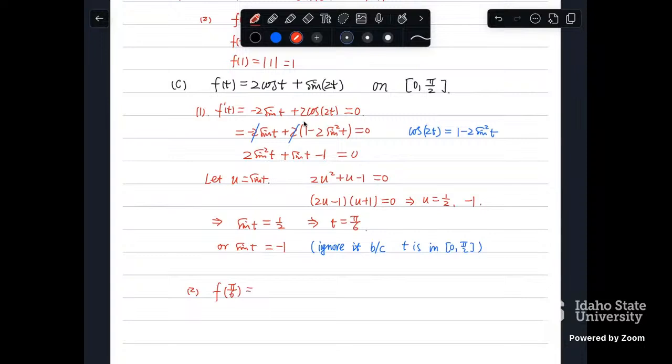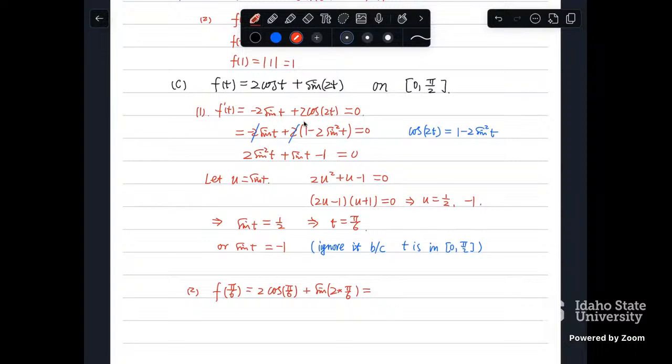That is 2 times the cosine of pi/6 plus sine of 2 times pi/6. What do we get? Cosine of pi/6 is what? This is a special value for the trigonometric function, so you should know this.